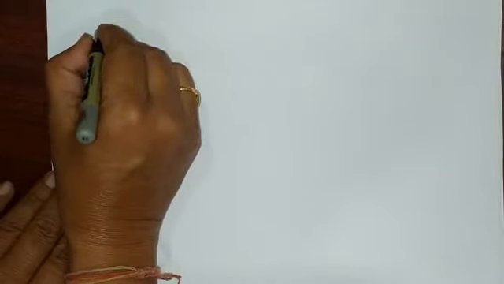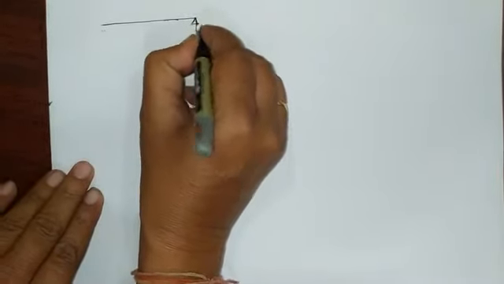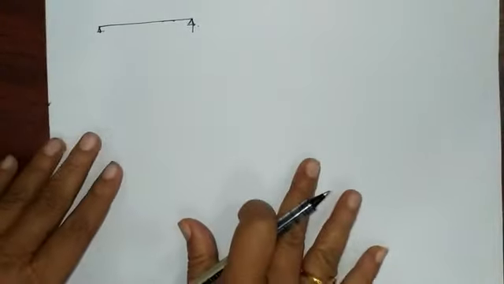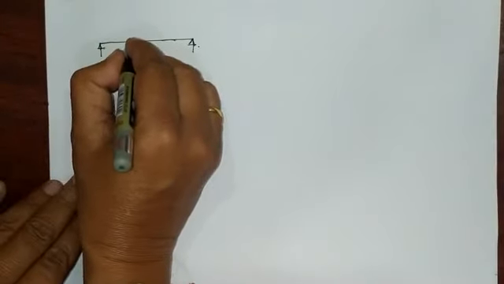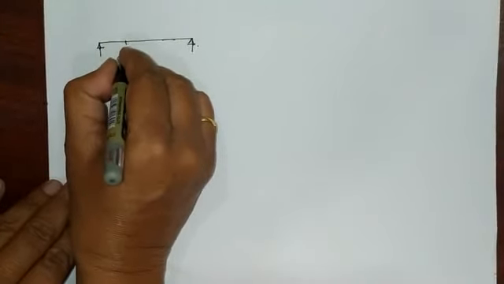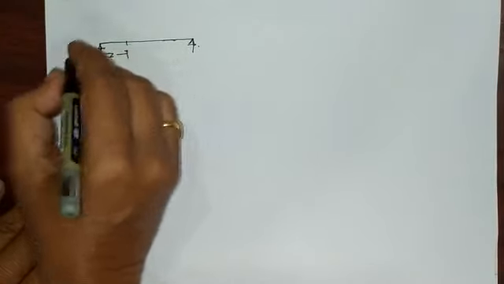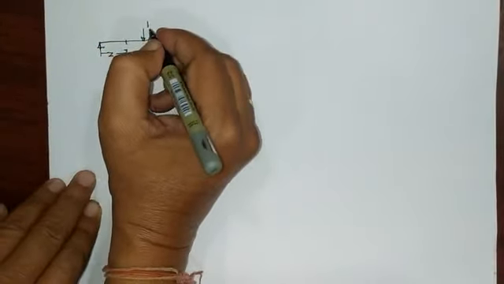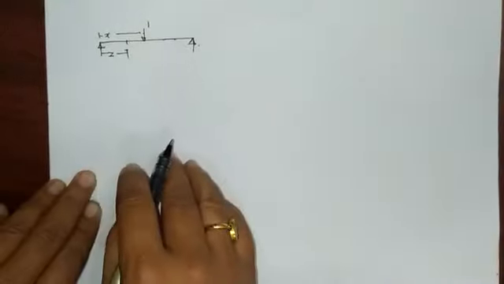Suppose consider this, that this is our section Z, at a distance Z. So this load is here somewhere, and this is 1.